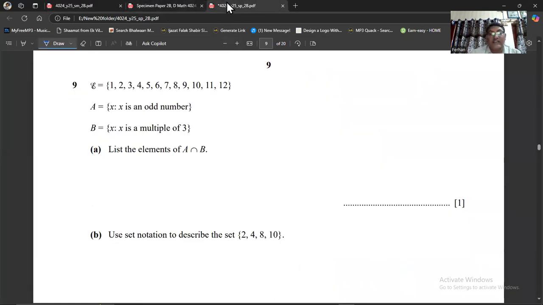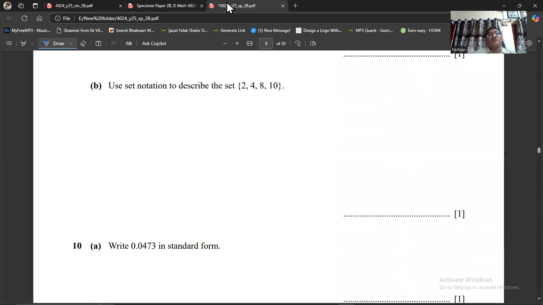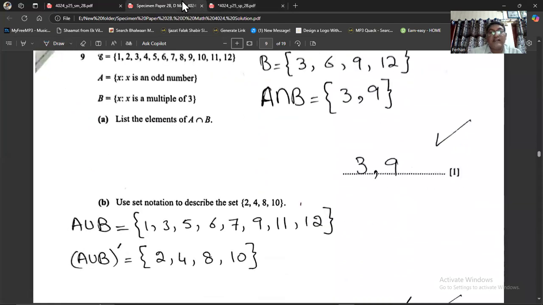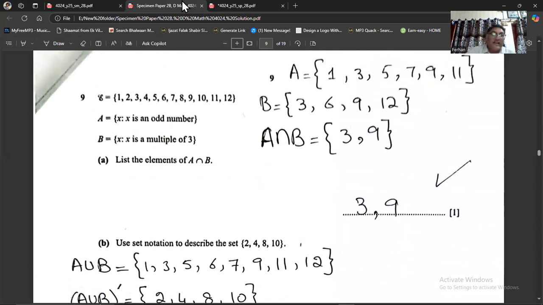Okay, so we are going to the next part, and it says use set notation to describe the set 2, 4, 8, and 10. So first of all, to describe how this is done, I try to find out A union B. That will be 1, 3, 5, 6, 7, 9, 11, and 12.